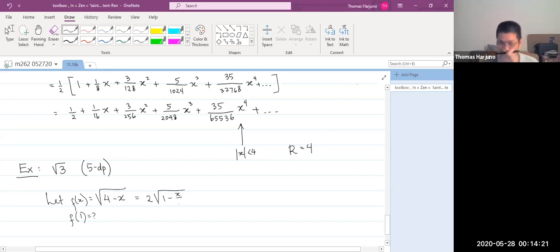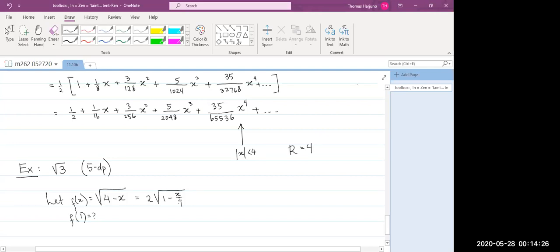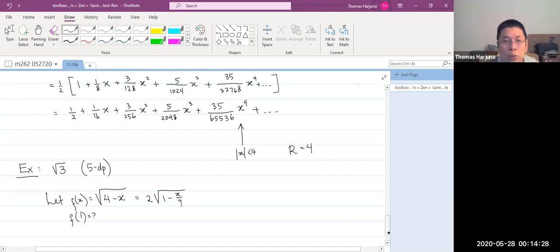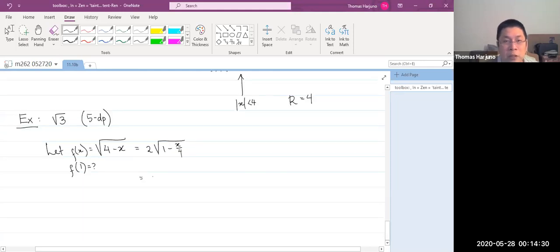Is it right? And then I do the expansion. This is 2 times (1 minus x over 4) to the power of 1/2. So this is 2 times the series from 0 to infinity of 1/2 choose n times negative x over 4 to the power of n.